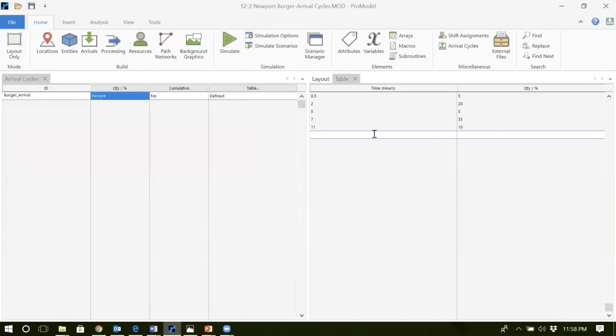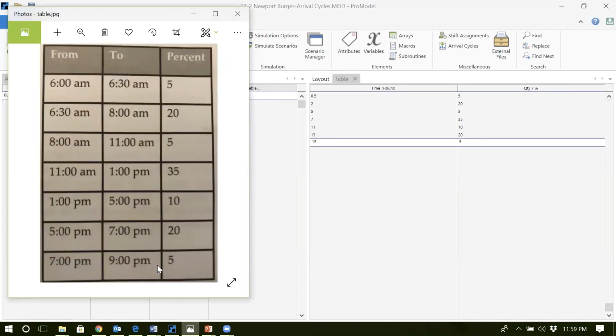Okay. So from hour 11 to hour 13, 20%. And from hour 13 to hour 15 of the simulation, 5%. That is how we have to enter the information related to this table in an arrival cycle.